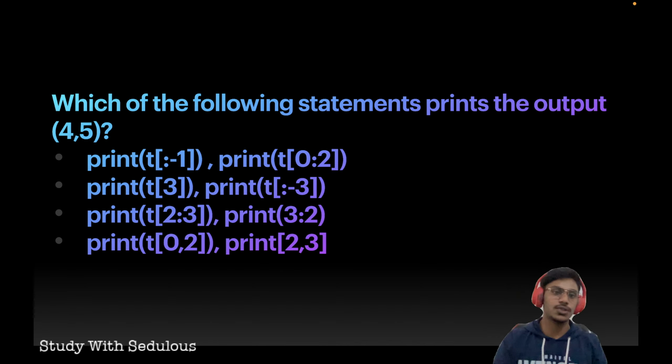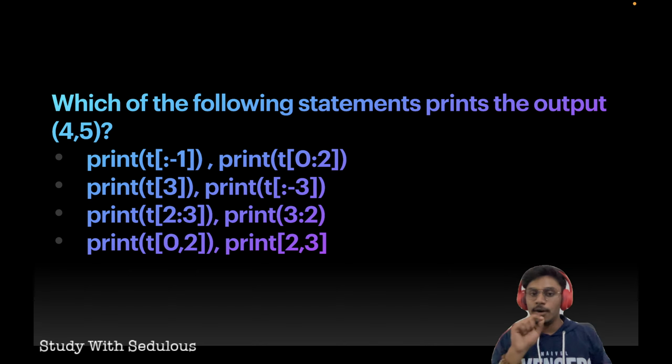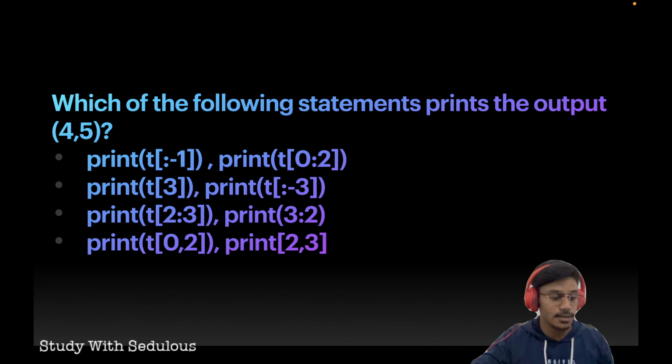So C is also cut off because this is like start to stop. We are starting from the third element, then going to the second element, which is not possible in Python. Then the fourth option, 0 to 2 and 2 to 3. 2 to 3 means only the second element would be printed.